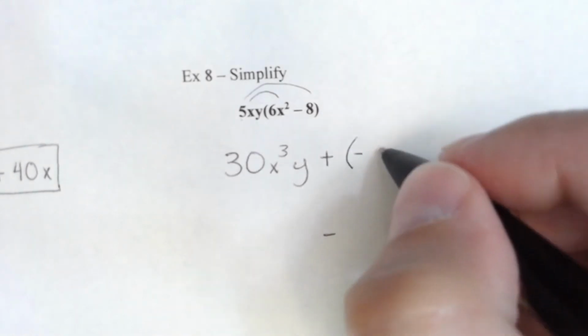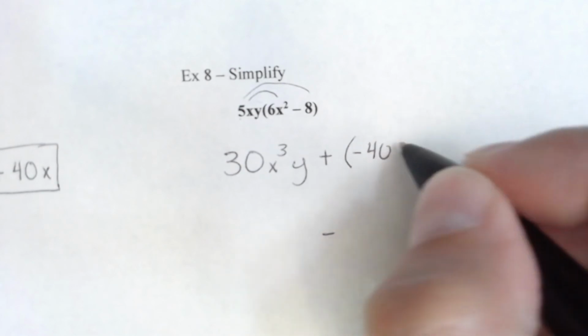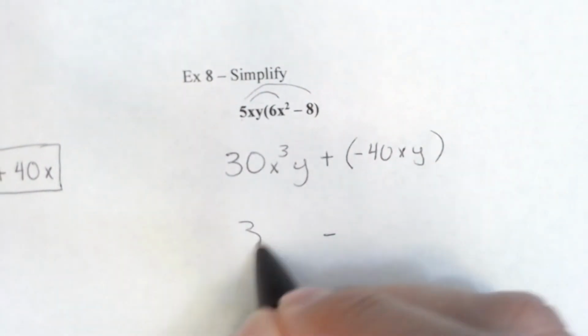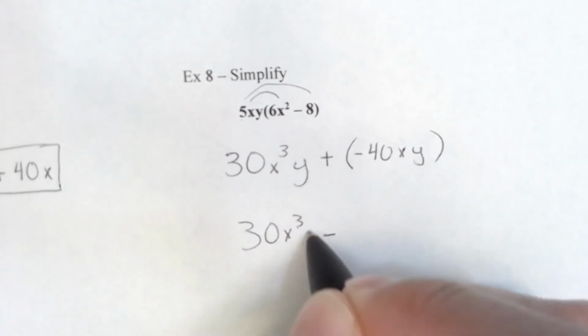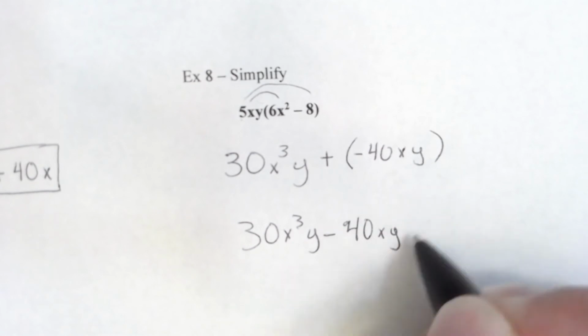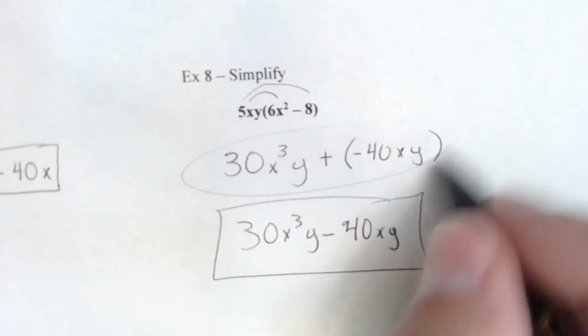Either way is okay. So 5 times negative 8 is negative 40, and then the xy just goes next to it. Again, some people might write it like this. Either way is okay.